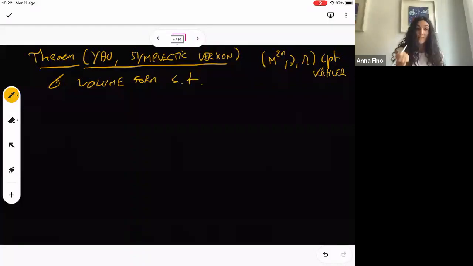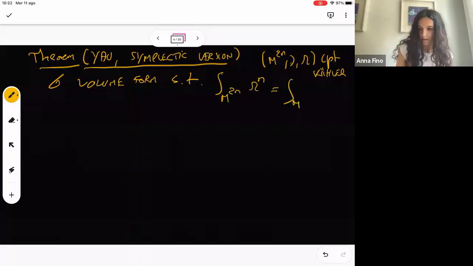This gives you the unicity, such that the integral over M of omega^n is exactly the volume associated to the new sigma.